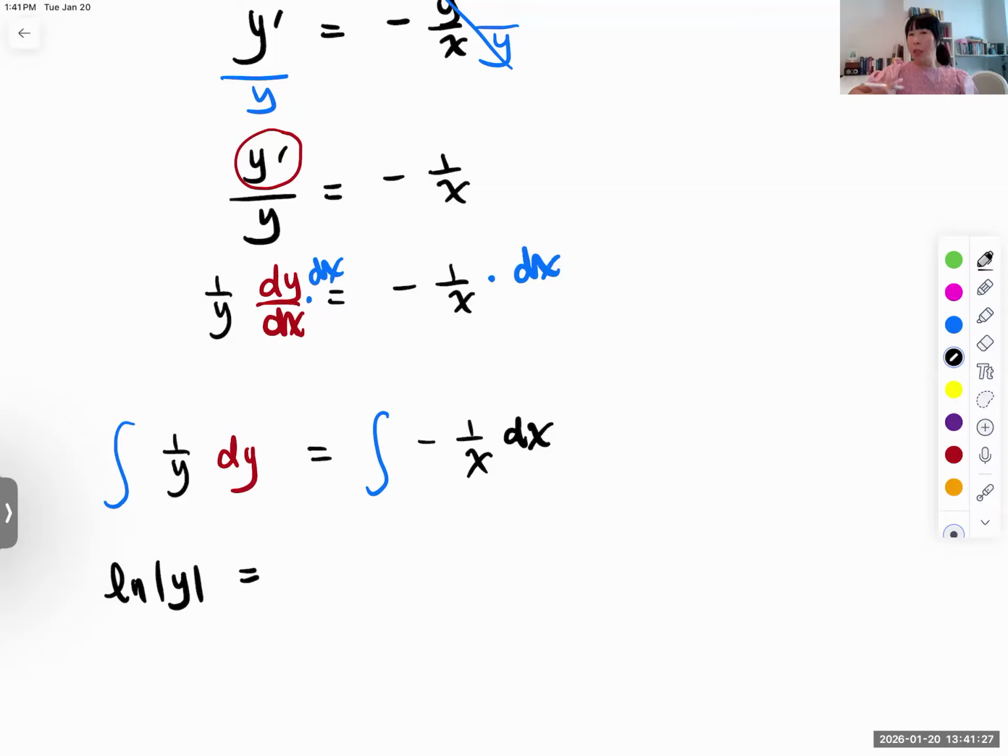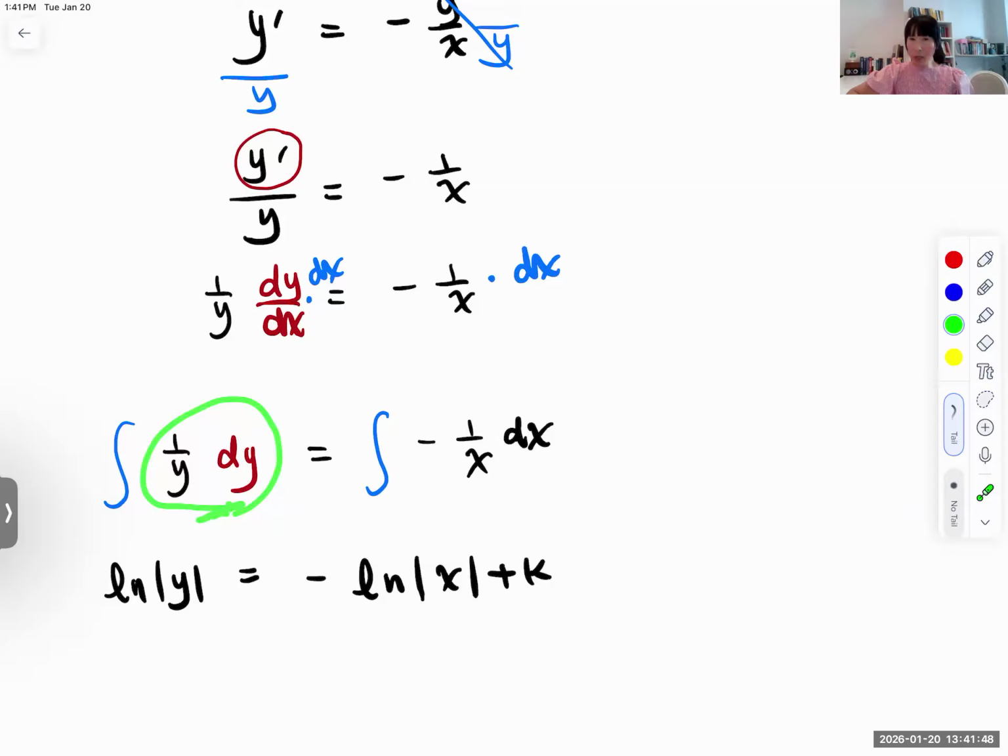But then we have a negative sign there. So negative ln absolute value of x. Then plus c. So instead of c, we are going to use a k. Yeah. Why we don't give it to the c here, right? Because we want to solve in terms of x. Yeah. That's why we give it to the plus c on the right side.